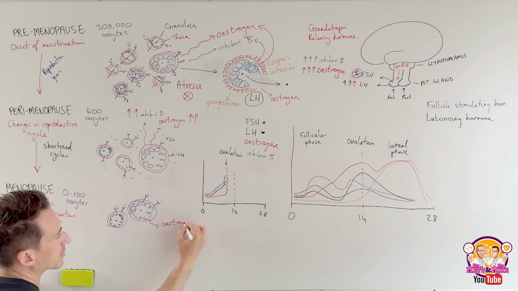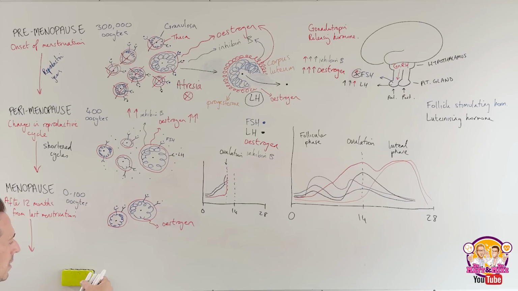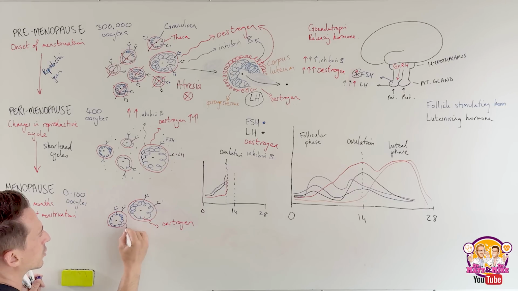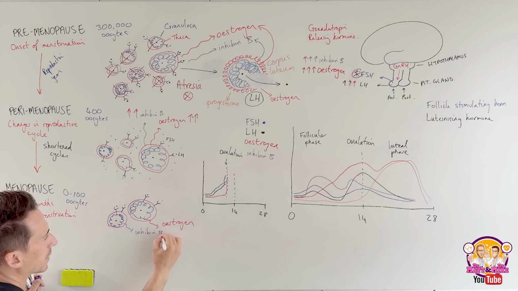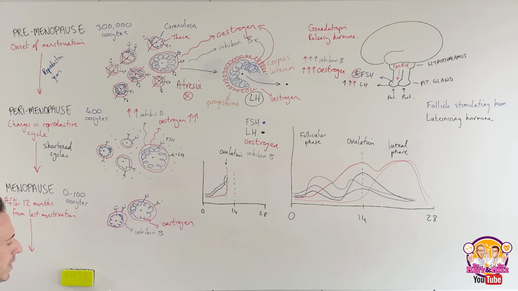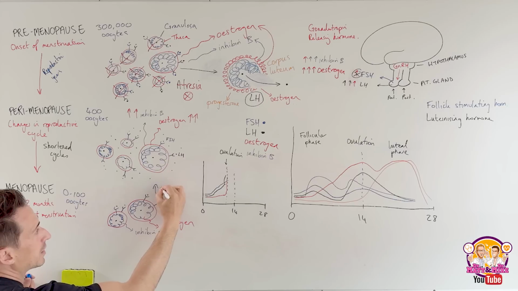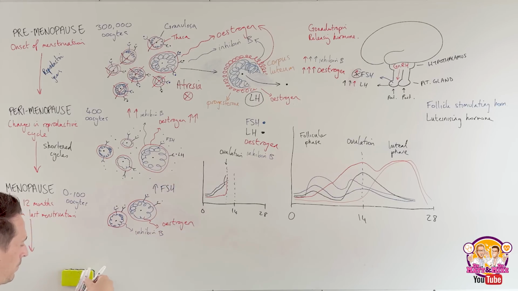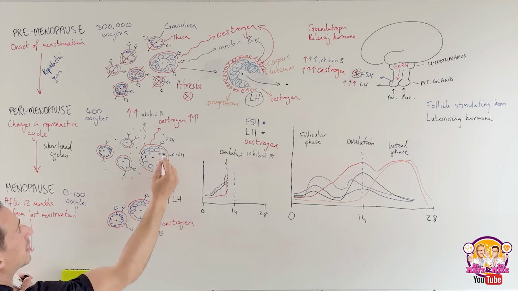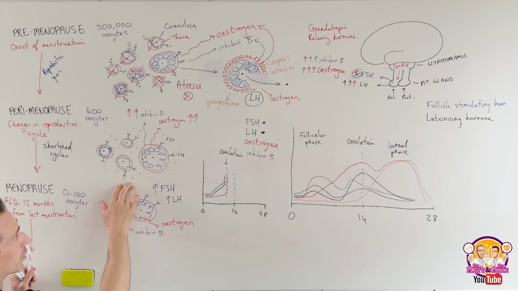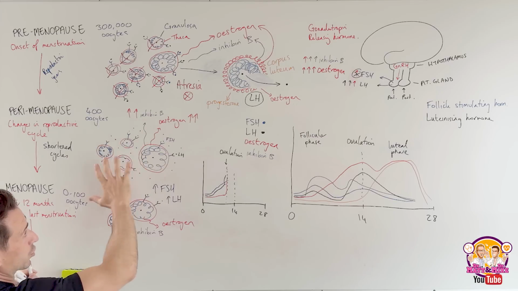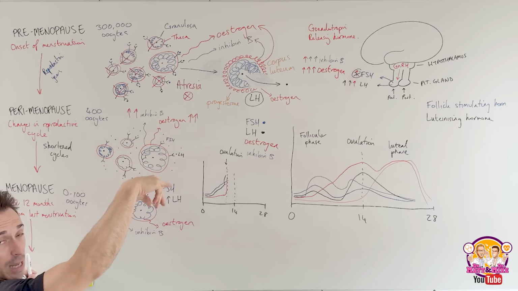Now, do you think there's going to be a lot of estrogen and inhibin, or do you think there's going to be not much? The answer is not much, right? So what do you think that means? We get spikes in FSH and LH. So we get really high FSH and really high LH. Now this is what happened here in the perimenopausal state. But remember, the outcome was, because we selected all the follicles, heaps of estrogen and heaps of inhibin.